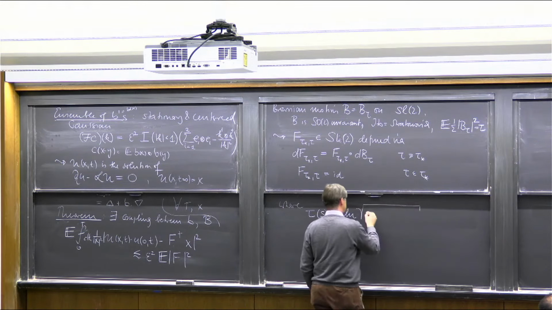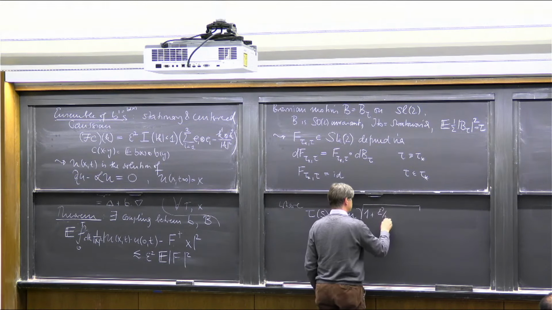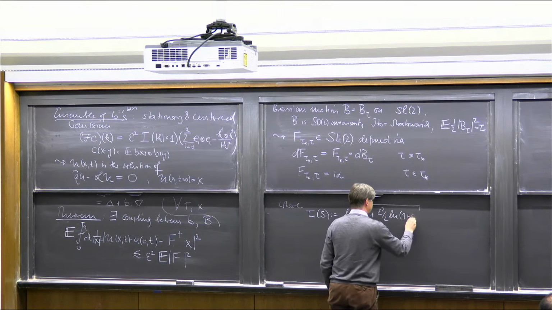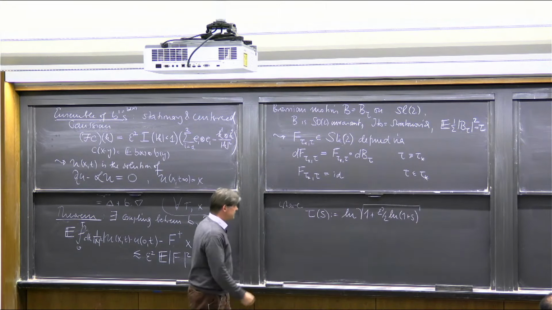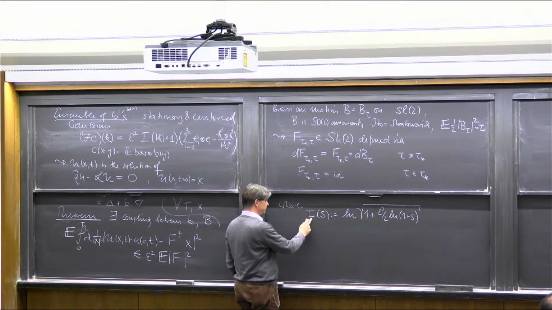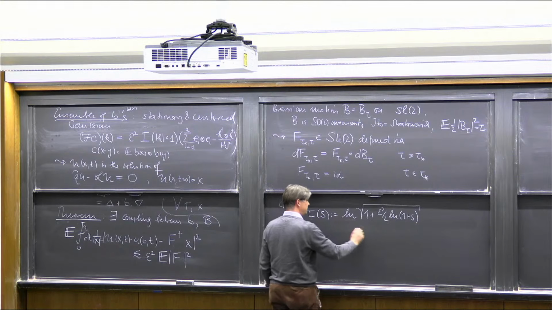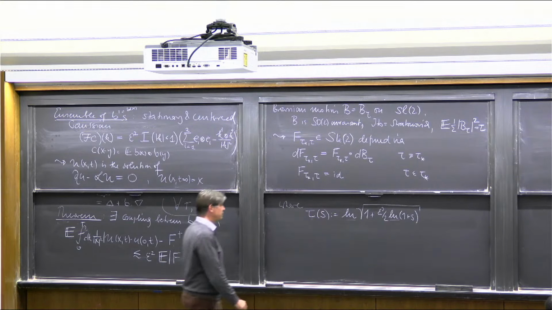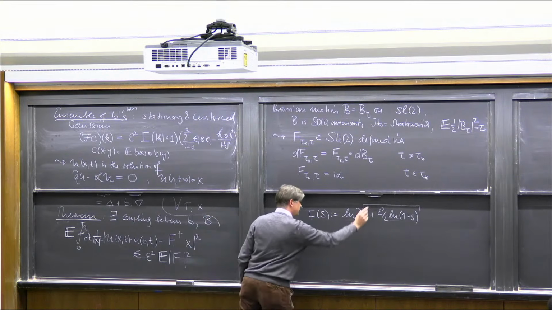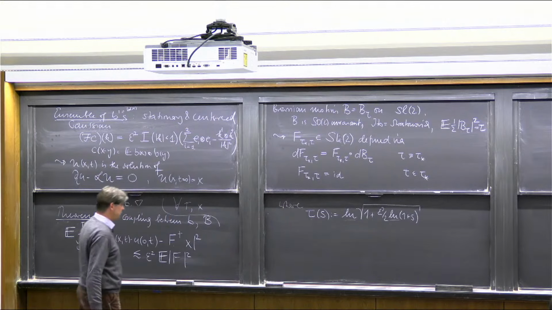the square root of 1 plus epsilon over 2, the logarithm of 1 plus s. So that's a function tau which grows only very slowly in s, doubly logarithmically. There is a logarithm here, and there is a logarithm there. And in addition, there is an epsilon, which we think of being small.